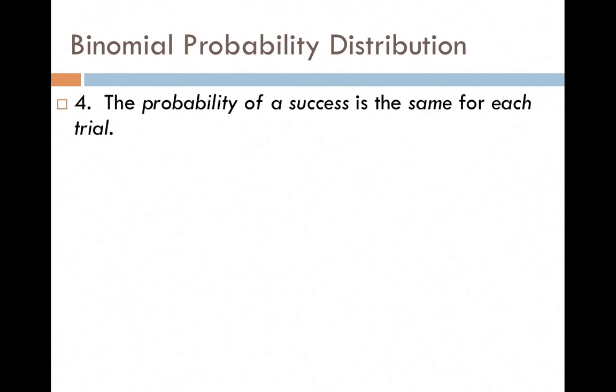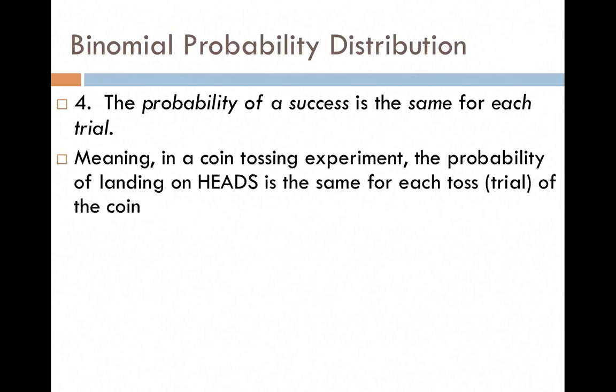Okay, and the 4th part of the binomial experiment is that the probability of success is the same for each trial. This means that in a coin tossing experiment, the probability of landing on heads is the same for each toss or trial of the coin.